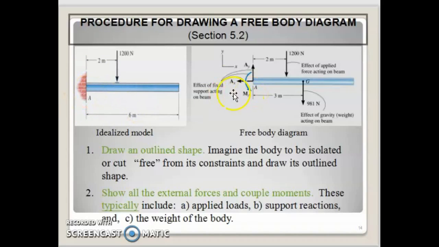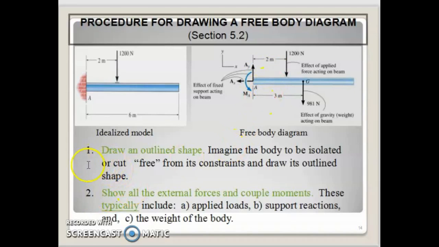The support reaction will become like this. You have a force in the x and y direction, and also a moment here because the beam has a tendency to rotate. But if the beam rotates freely, there is no tendency to rotate, so there is no moment here.